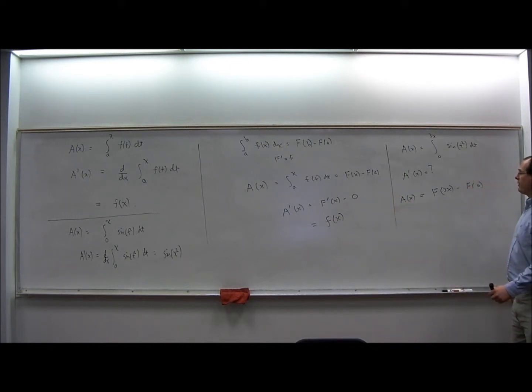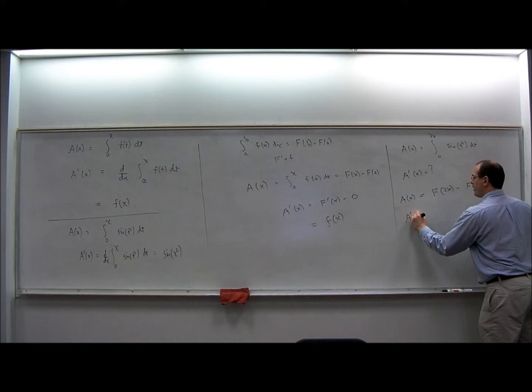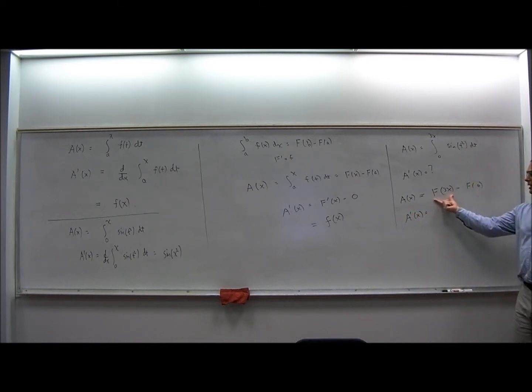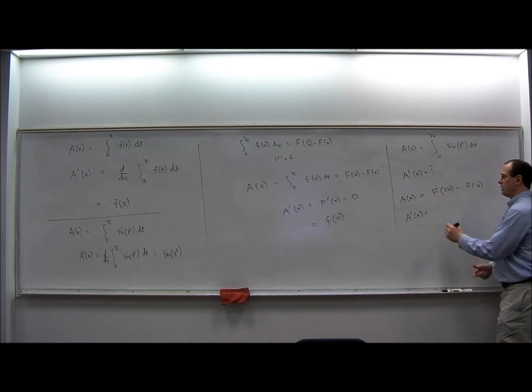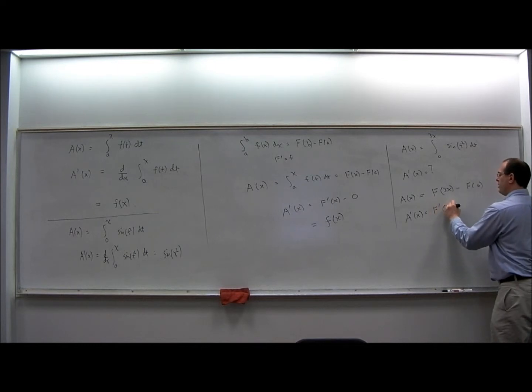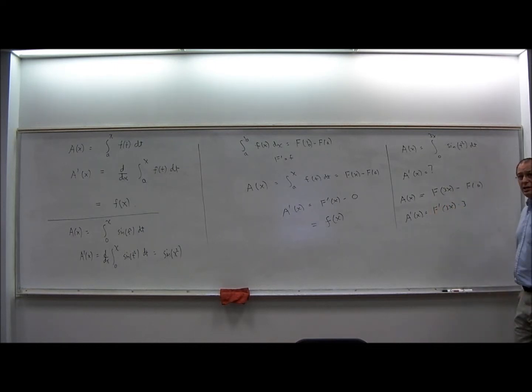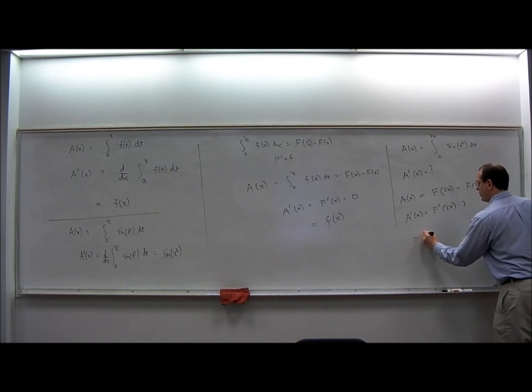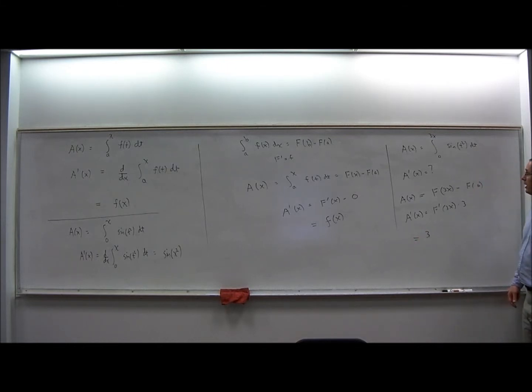Now we want the derivative, so A prime of x is equal to, we need the chain rule. It's the derivative of the outside times the derivative of the inside. And this is a constant, so the derivative is 0. So we get 3 times capital F prime of 3x. Now remember, capital F prime is little f.